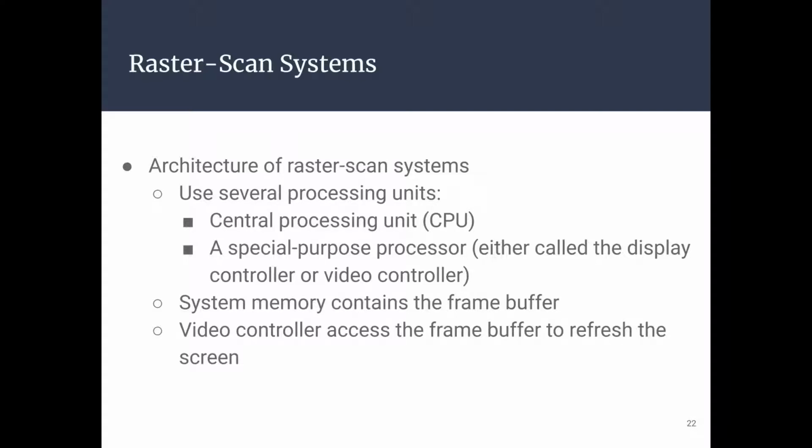It also usually has a special purpose processor beside the CPU, which is called either the display controller or the video controller. The raster scan system usually also has a system memory that contains the frame buffer, and the video controller will usually access the frame buffer to refresh the screen.